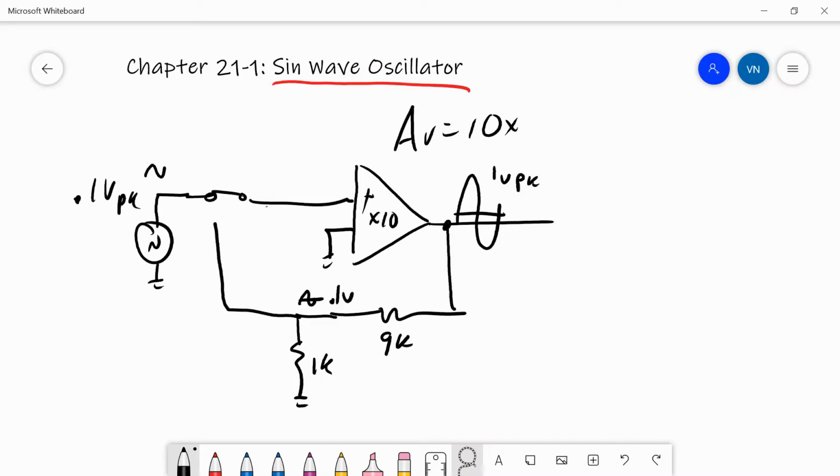So at this point I have 0.1 volts peak with that phase, and at this point I have 0.1 volts peak with the same phase.